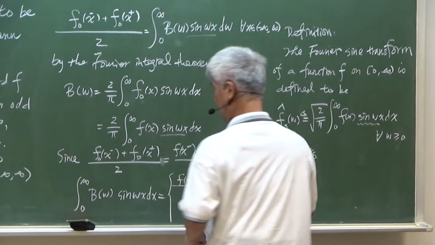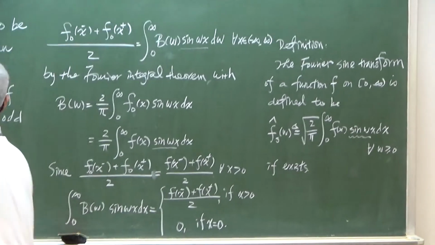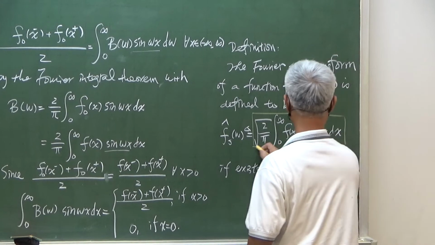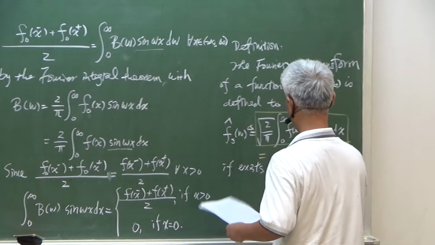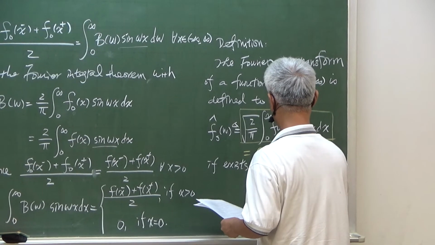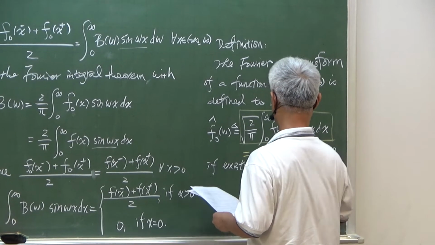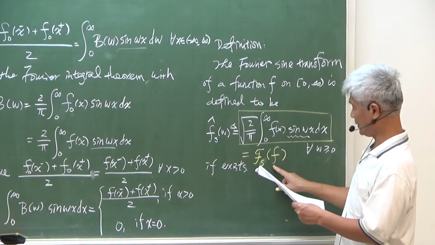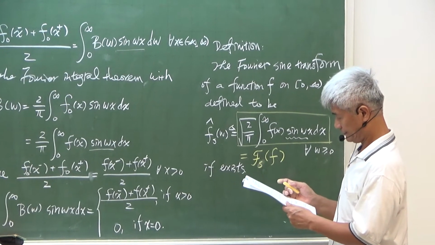And with that definition, this is quite often denoted as the Fourier sine transform, so we use this notation.